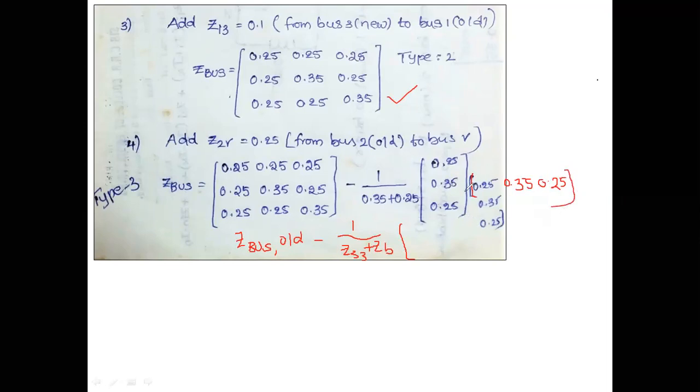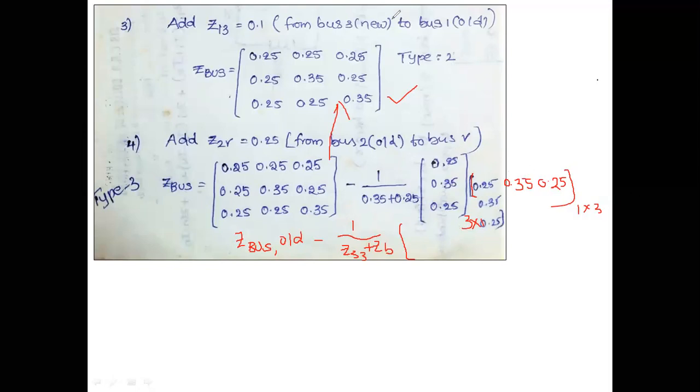If you multiply 3 by 1 with 1 by 3, obviously you will get 3 by 3. Upon the simplification of all these things, this you can obtain from this. Already you know this formula. So 0.25, 0.35, 0.25. Similarly, you can multiply this with this one.